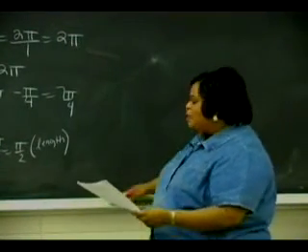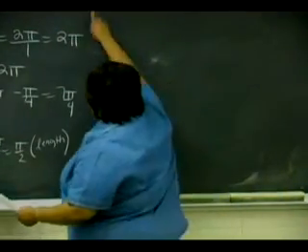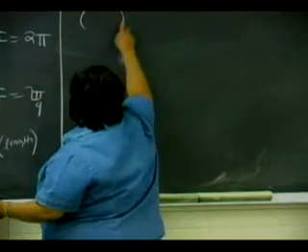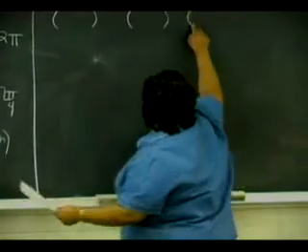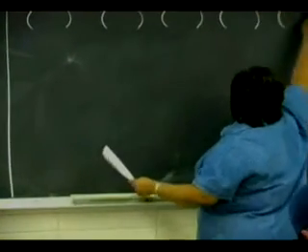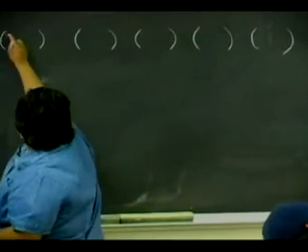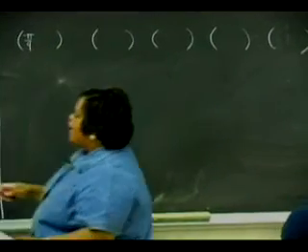So, what does all this mean? This means now I can get my 5 points. I start at what? Negative pi over 4. I end at what? Okay?